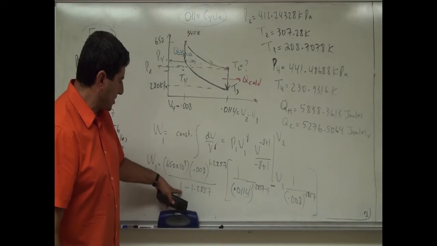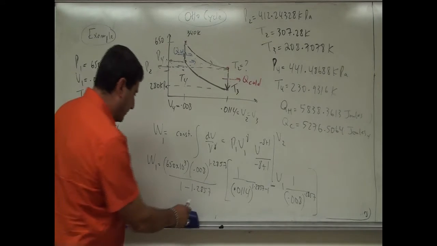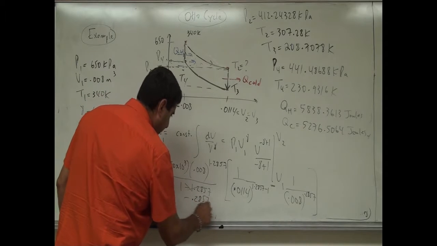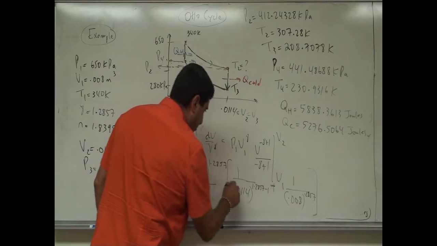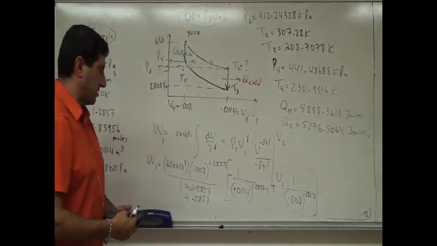Like I did yesterday, 1 minus 1.2857 is negative 0.2857, and this negative is going to cancel the order of the signs here. You take this and subtract this from there.